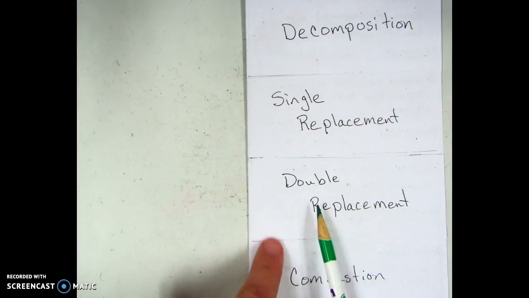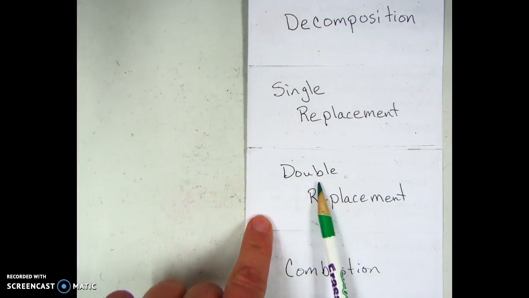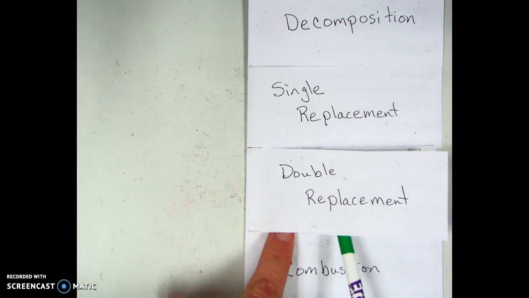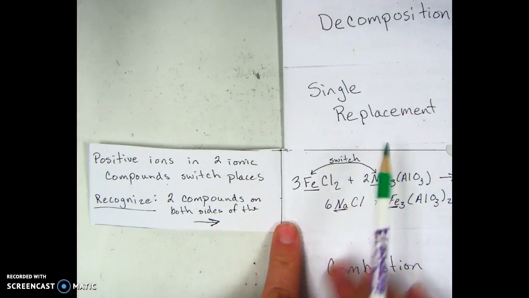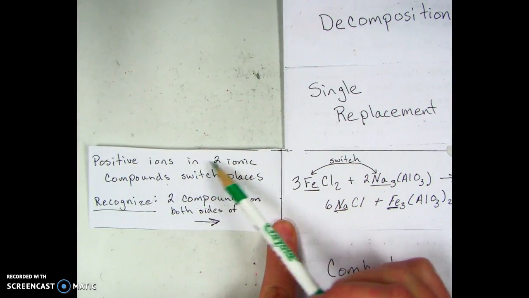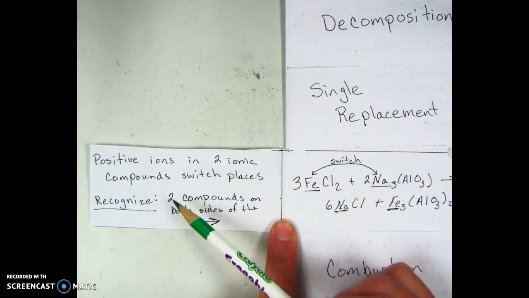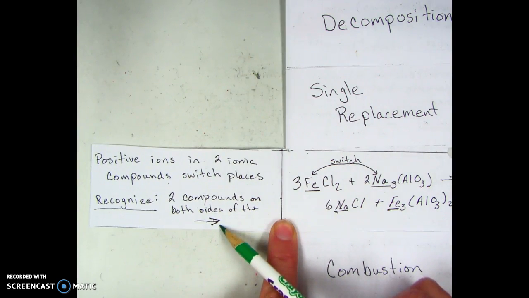Now, the fourth type of reaction, this is not going in the order we did in class, but we still need to know them all, is a double replacement reaction. This is the big guys. So a double replacement reaction, the positive cations in 2 ionic compounds switch places. We recognize this because we have 2 compounds on both sides of the arrow.